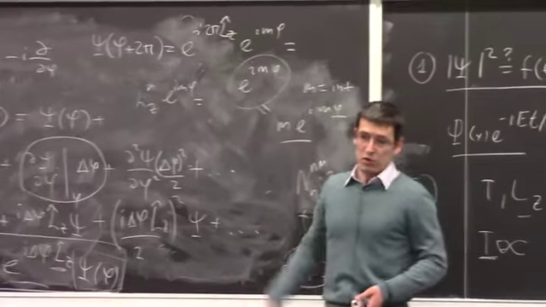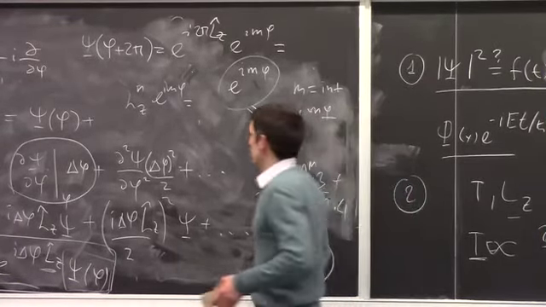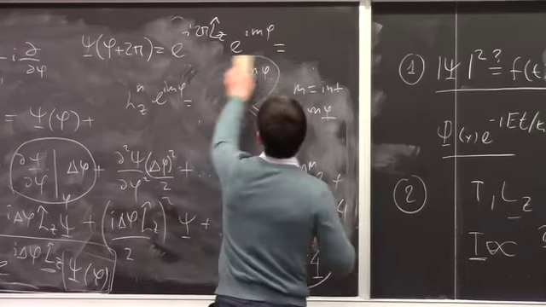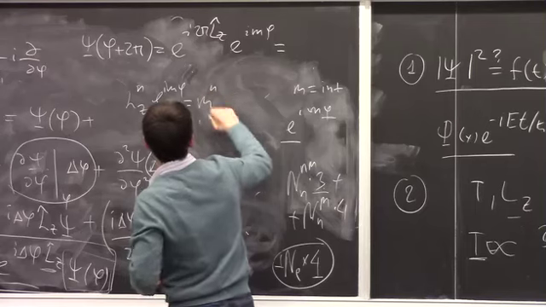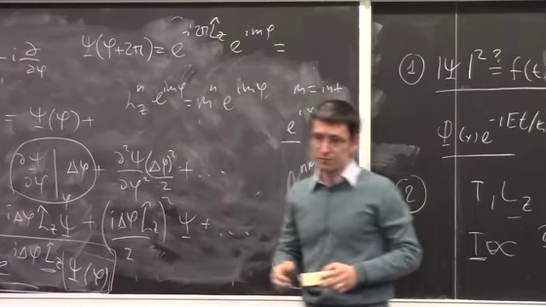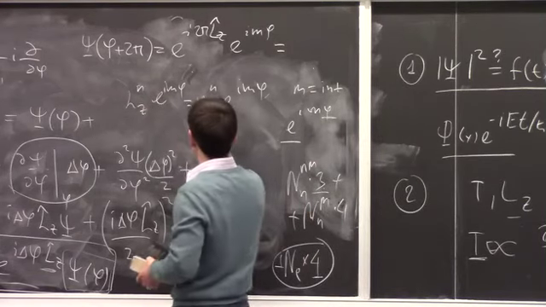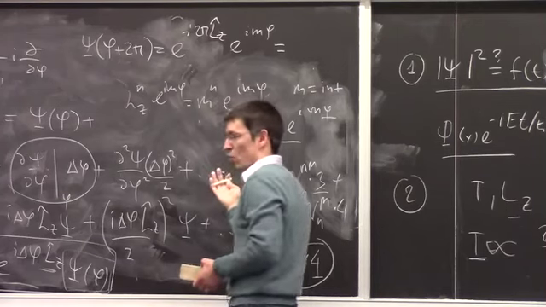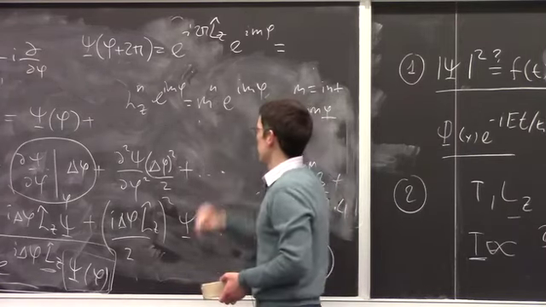This is a very easy question. You get m to the power n, because Lz, when it acts once, generates one m. If you act twice, you generate two m's, and so on and so forth. So m to the power n.